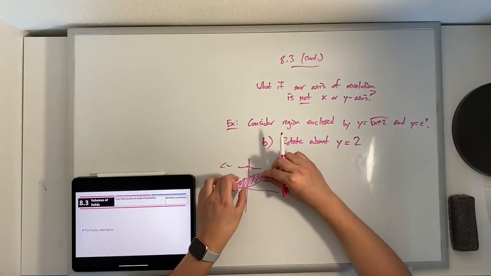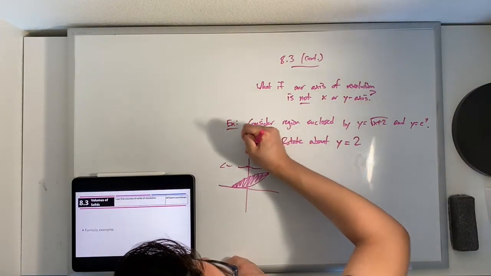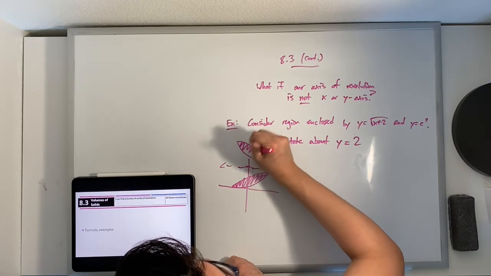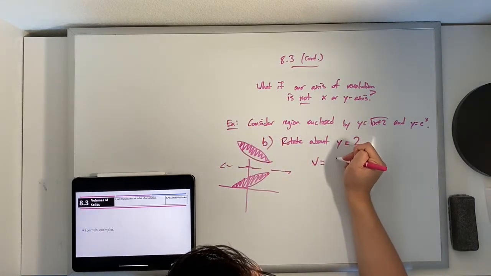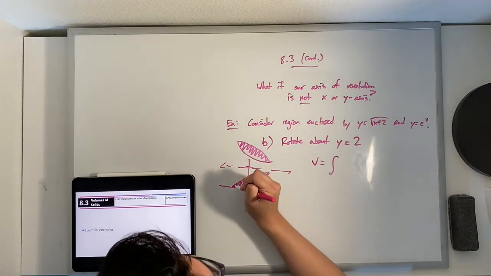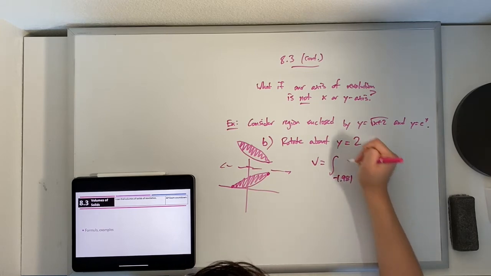So take this shape, it comes up out of the board, rotates around this line. Here's where it's going back into the board. Our volume is going to be the integral from, well, we have those points of intersection, thankfully. We don't have to do that again.